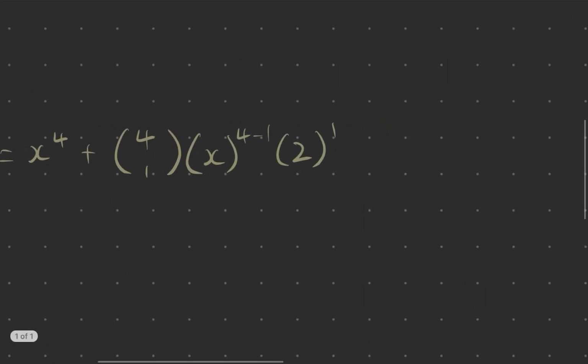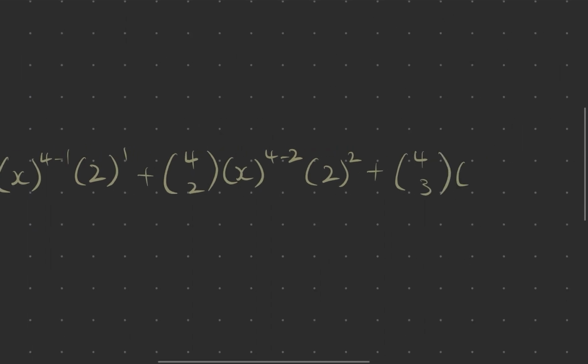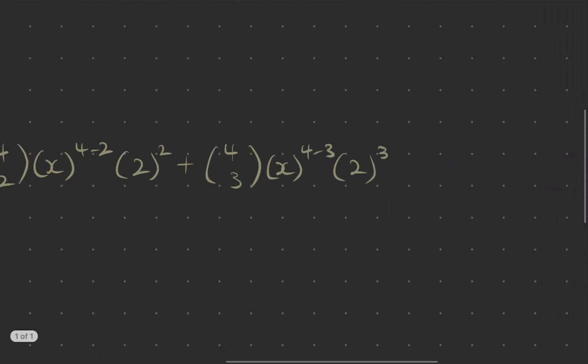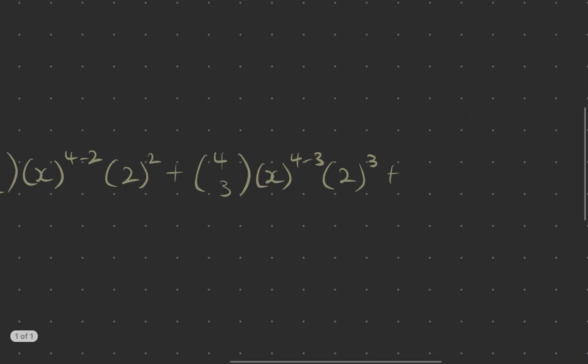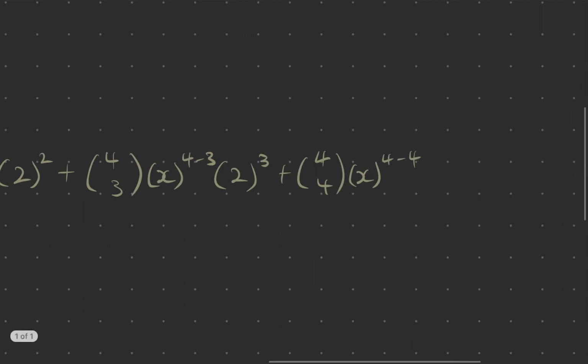plus 4 choose 2 times x to the power of 4 minus 2 times 2 to the power of 2 plus 4 choose 3 times x to the power of 4 minus 3 times 2 to the power of 3, plus, my bad, 4 choose 4 times x to the power of 4 minus 4 times 2 to the power of 4.